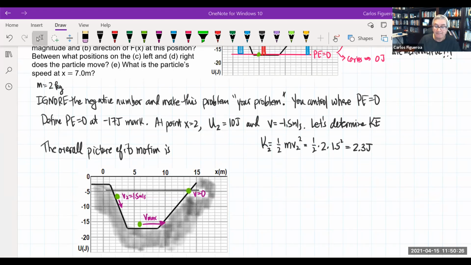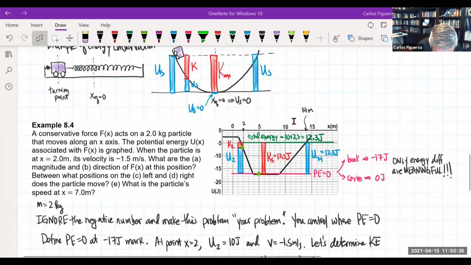So here we go. Now let's see what the question says. If I could just find my mouse. What is the magnitude and direction of the force at this position?